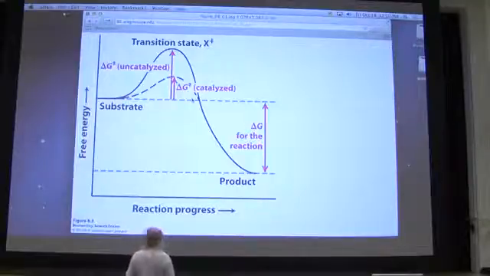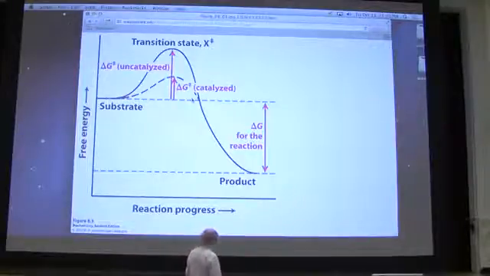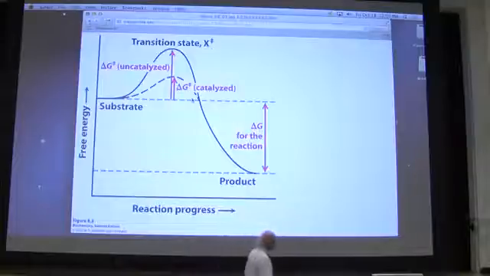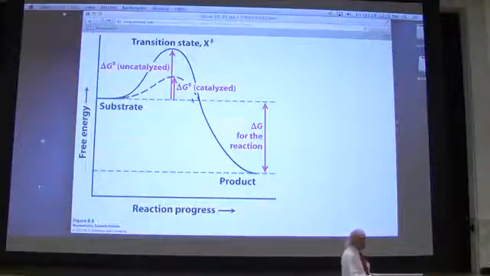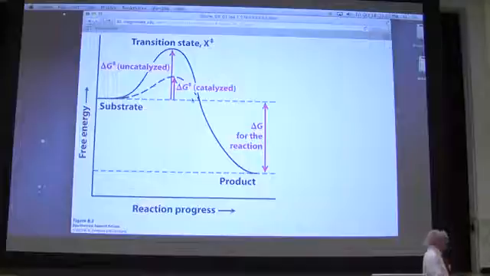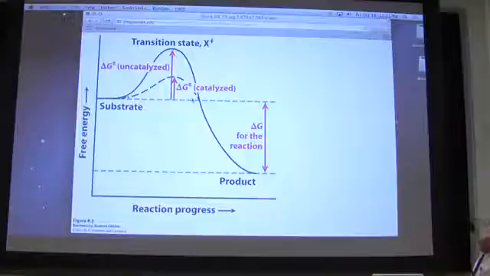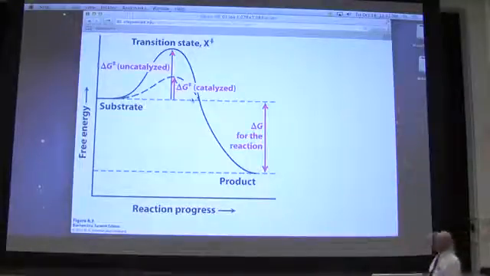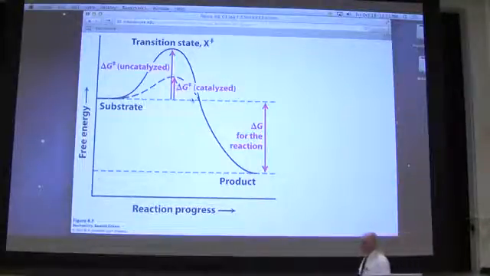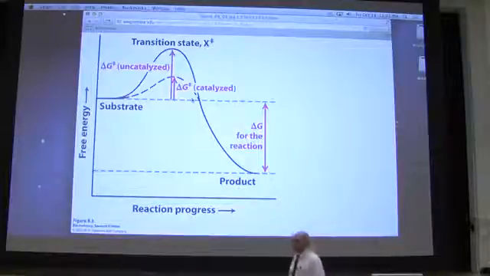Okay? Now, you'll notice that we see two things going on here. We see in the solid line a reaction that is uncatalyzed. No enzyme, no catalyst. We see that during the course of the reaction, the formation of what we call the transition state causes the free energy to increase to a significant amount. Once it gets over that hump, it goes down here and makes product.